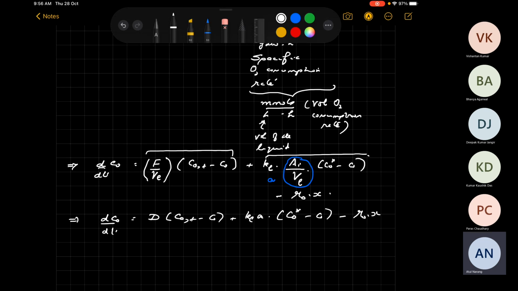So this is the mass balance that we get for the liquid phase.